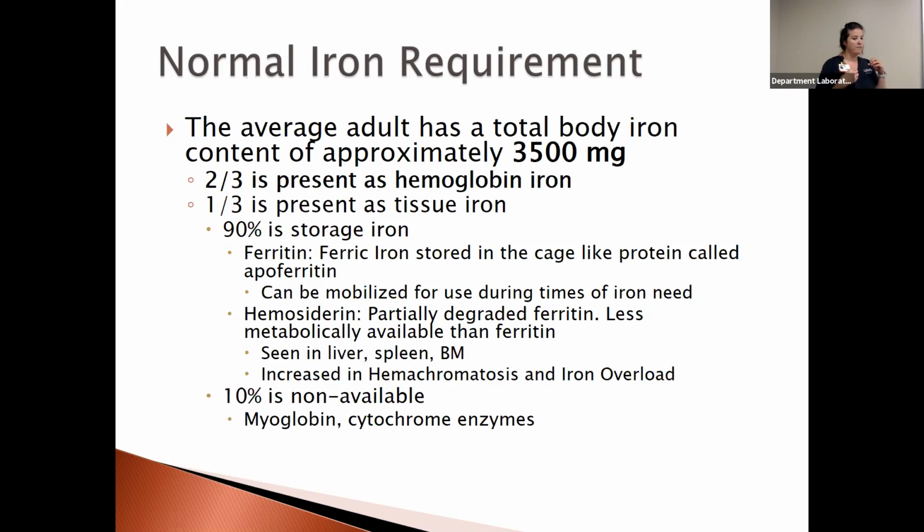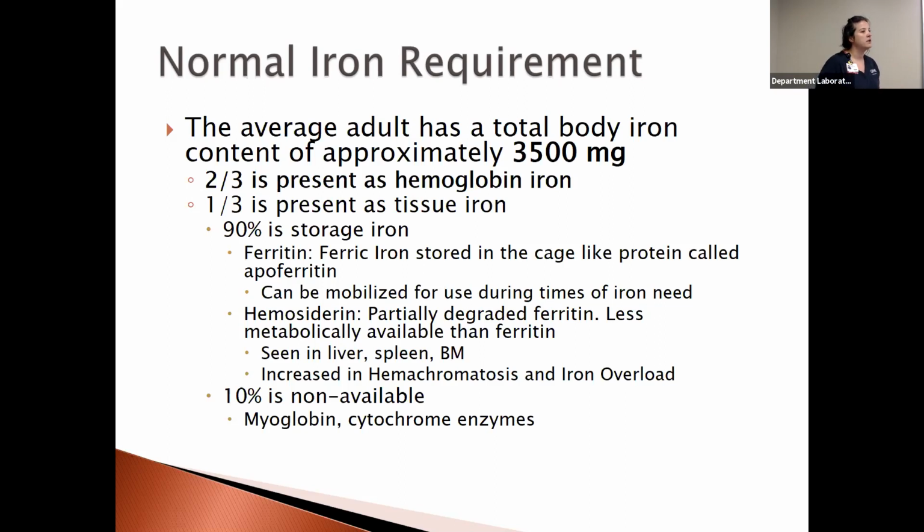So once the iron attaches to apoferritin, it's termed ferritin. And we will see that stored in our bone marrow. Versus hemosiderin is another storage form of iron, but it's a more degraded form, and it is not as readily metabolically active as our ferritin is.